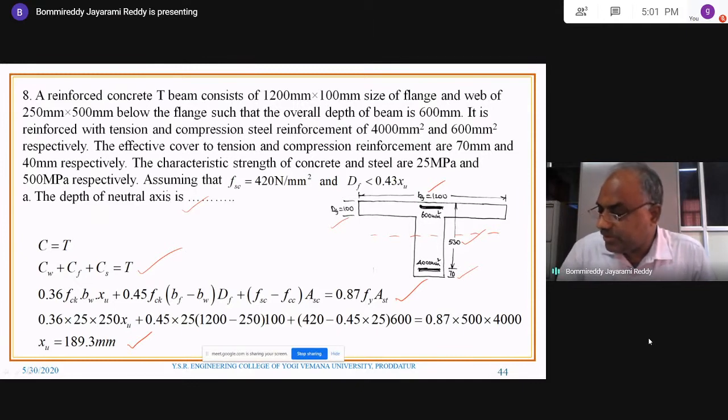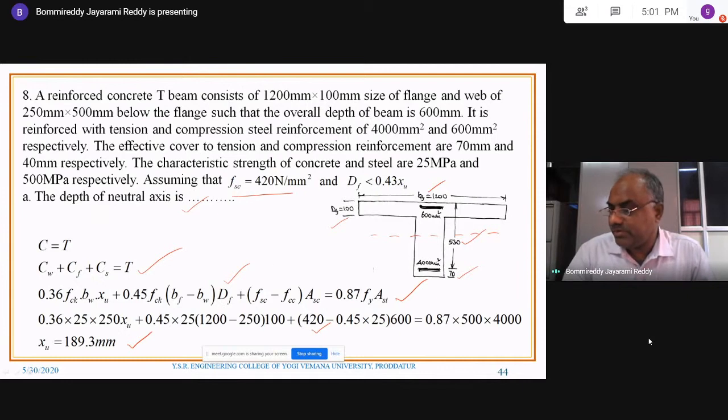In the problem itself, it is given, assuming that FSC equal to 420. FSC equal to 420 means use the FSC value as it is given in the problem. And here it is also given DF is less than 0.43 XU. So naturally DF will be used, not YF value.